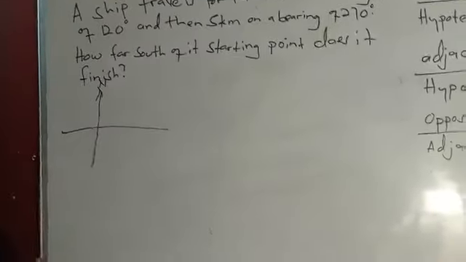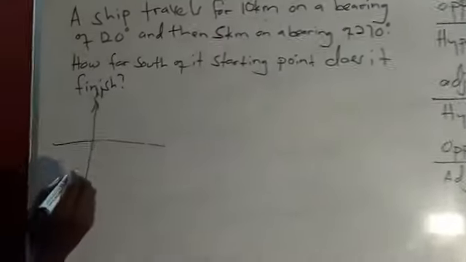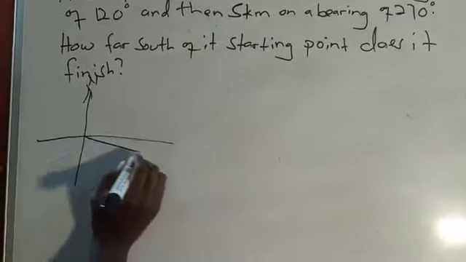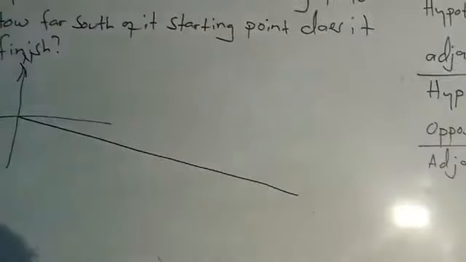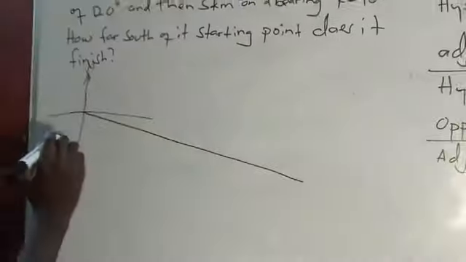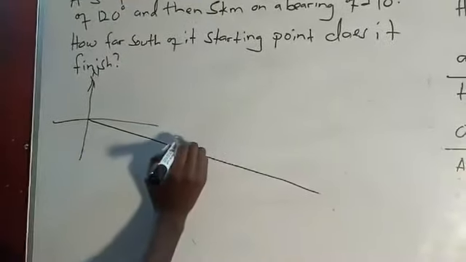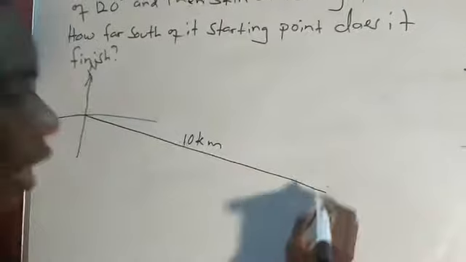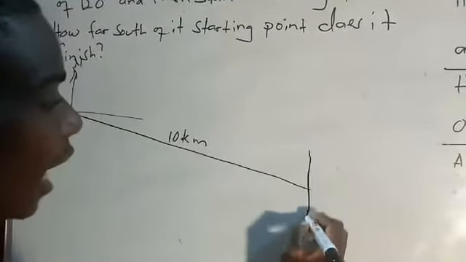So we shall approximate 120 degrees to be around here. Let me say from here to here is 10 kilometers, and we draw our compass again here.